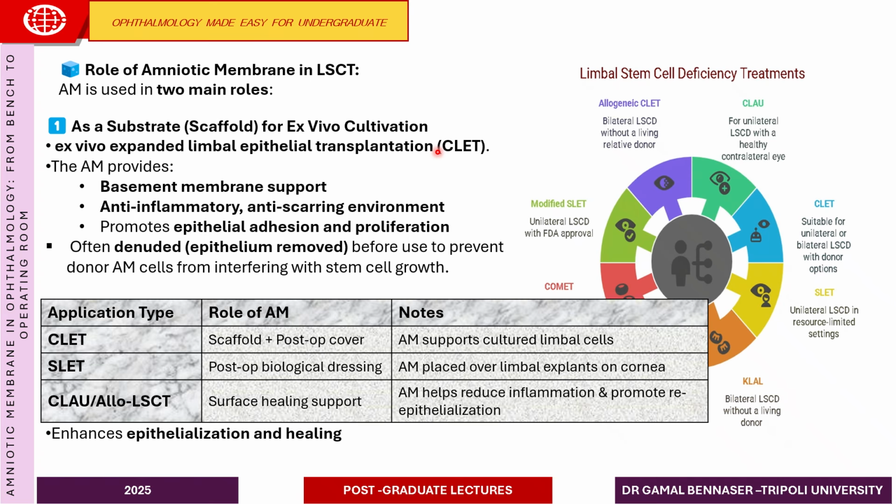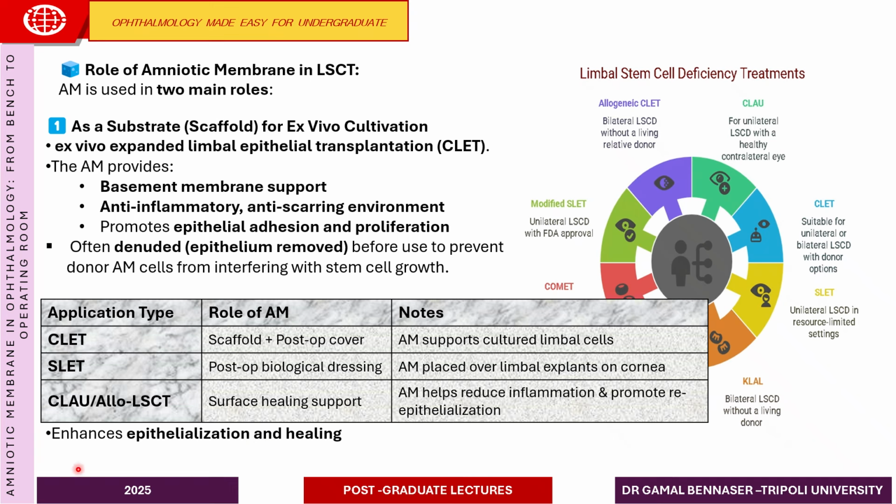If we look at this table, this is just a comparison of the role of the amniotic membrane in stem cell therapy: in a CLET procedure, it acts as a scaffold for ex vivo expansion, and in a SLET procedure we use it as a biological bandage for the limbal stem cells.